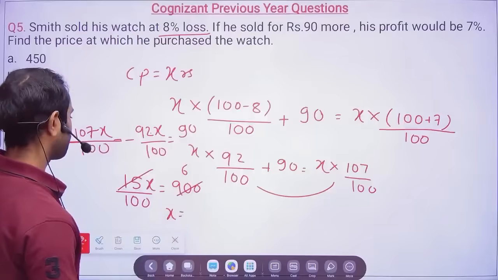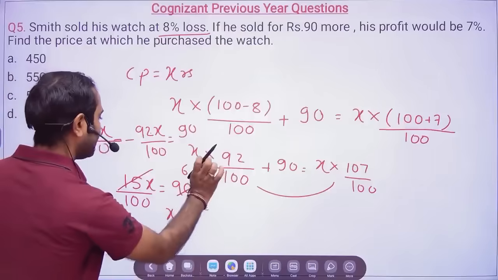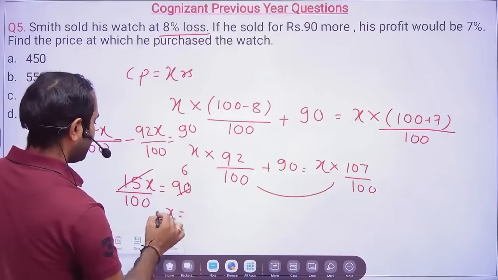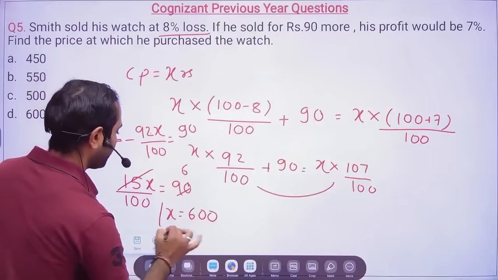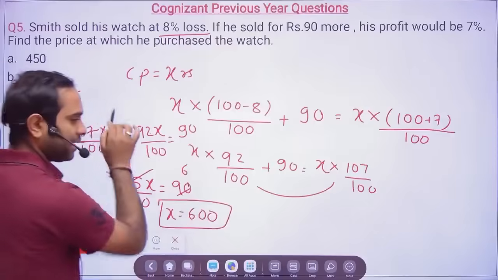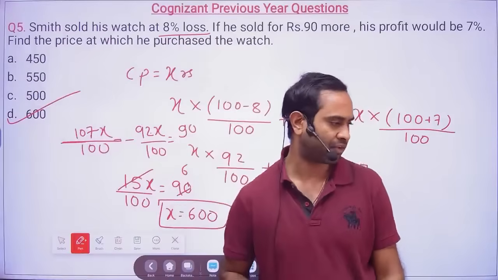Okay, sorry, 90 here, right? Not 900. 90. So x will be equal to 600. So 600 means option D will be the correct answer for this particular problem.